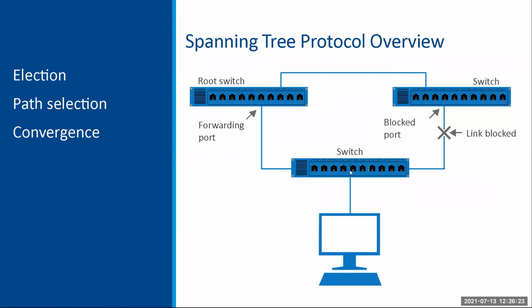If we're not the winner of the election, or we did not become the root, then our next responsibility is to determine our best way to get back to the root. So this root bridge would have 2 forwarding ports, this one right here and this one right here. These ports would be their bridge ports.